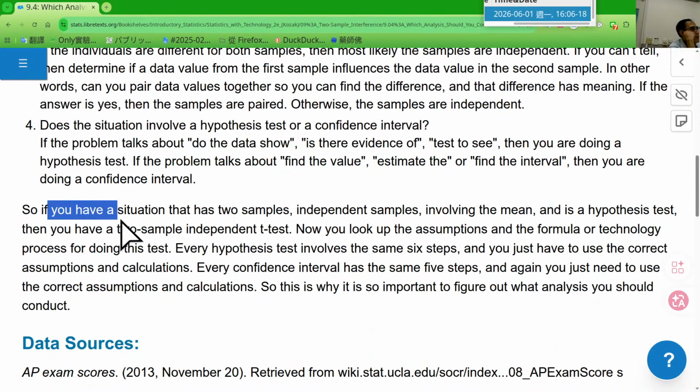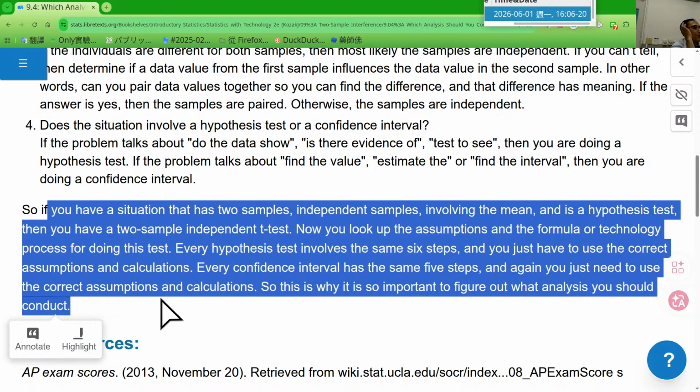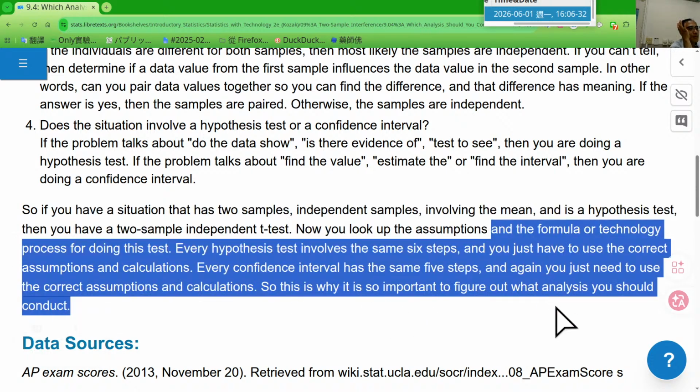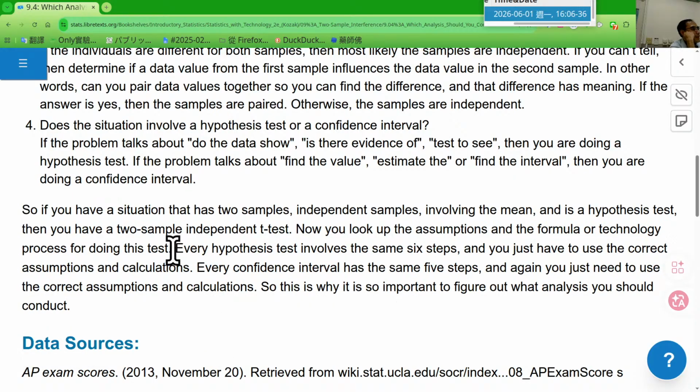So if you have a situation with 2 independent samples involving the mean, and it is a hypothesis test, then you have a 2-sample independent test. Now you look up the assumptions and the formula or technology process for doing this test.